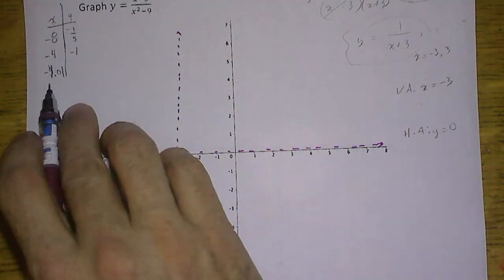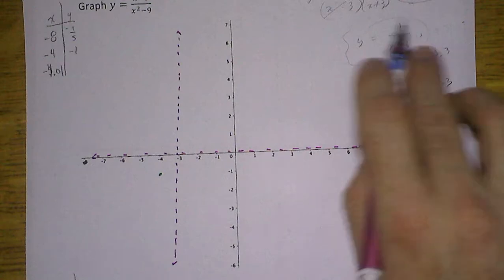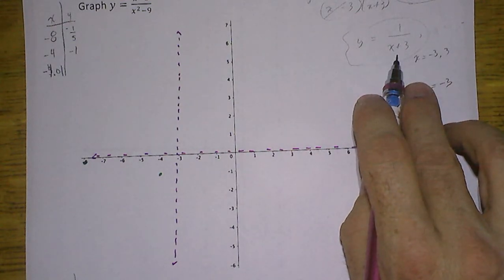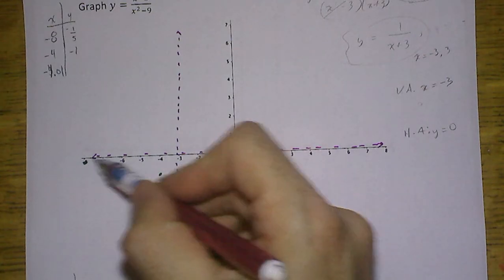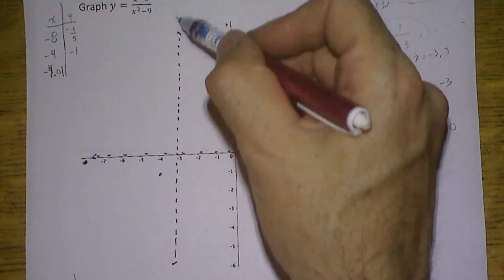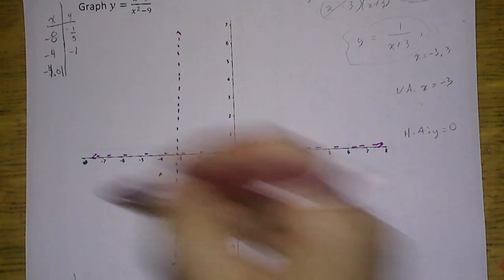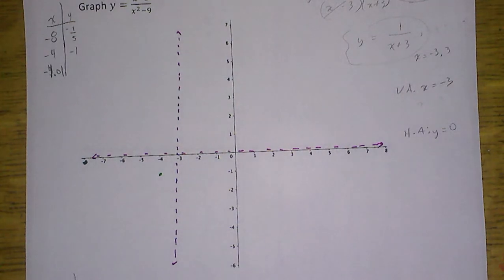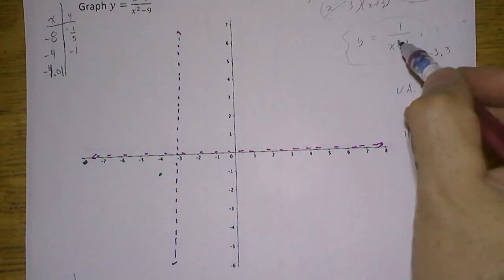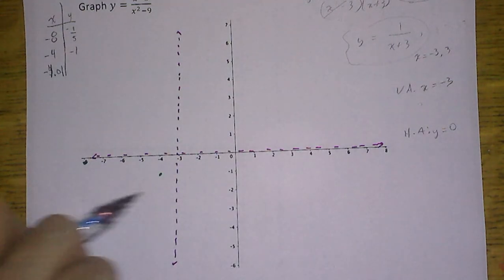If I plug in my x value, will this outcome be positive or negative? Because if it's positive, it's going to go straight up. But if it's negative, it's going to go way down. Now I'm thinking that it'd probably go down as we approach the vertical asymptote.